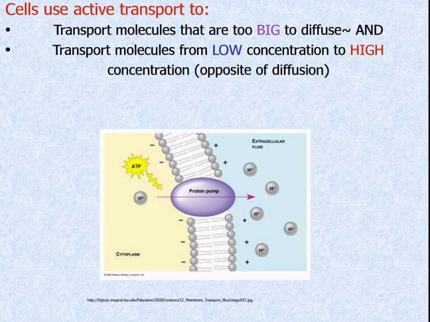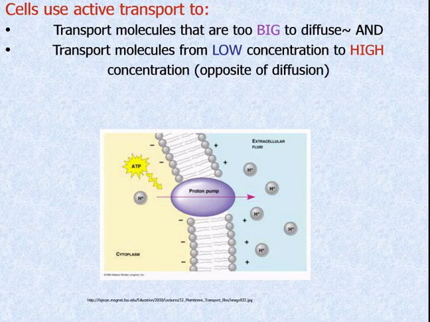There's also a circumstance where normally the molecule would diffuse into the cell, or normally it would diffuse out of the cell. This is when the cell wants it to go the opposite direction. If the molecules are all leaving the cell and the cell needs those molecules, it's going to push them back in. So if normally they would diffuse out and the cell needs them in, it's going to push them in, and it's going to use ATP.